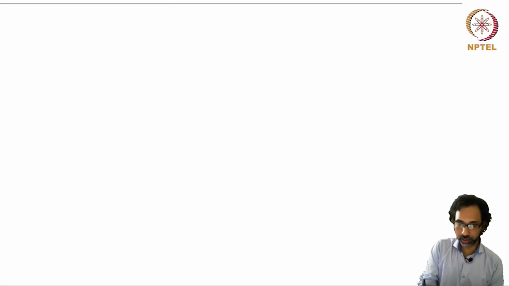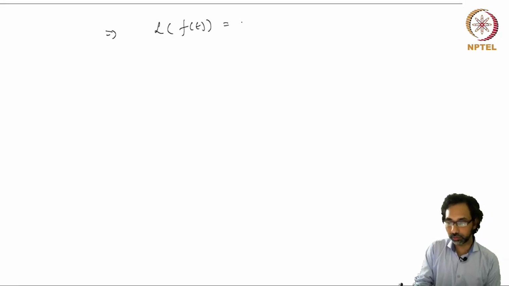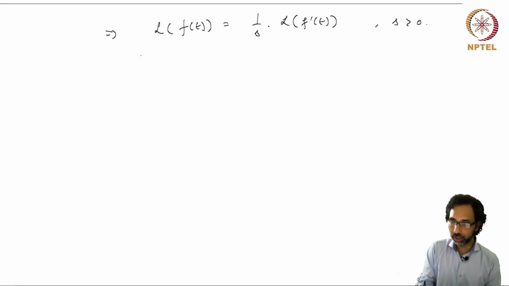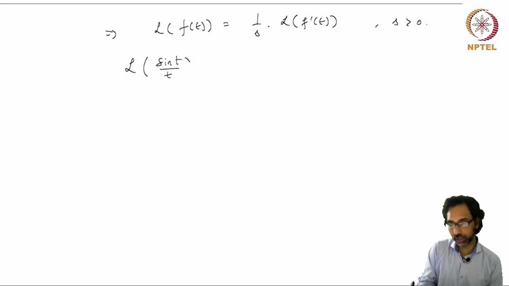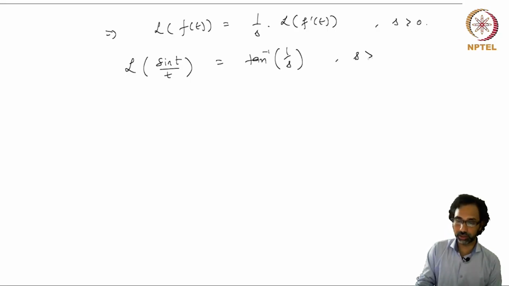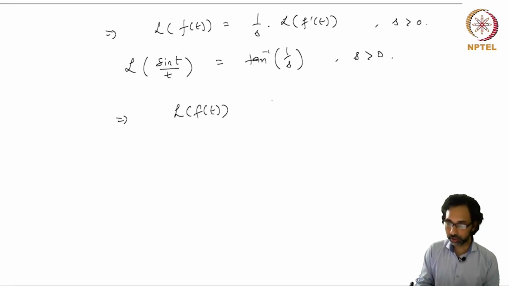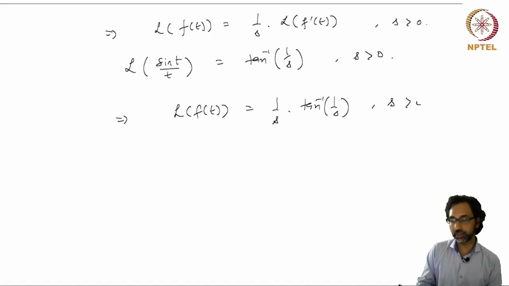Therefore we get that the Laplace transform of f of t is 1 over s times the Laplace transform of f prime of t, and this is valid for s greater than 0. Now remember that we have already computed the Laplace transform of sine t over t, and this was nothing but tan inverse of 1 over s for s greater than 0. So this implies that the Laplace transform for the sine integral is nothing but 1 over s times tan inverse of 1 over s, valid for s greater than 0.